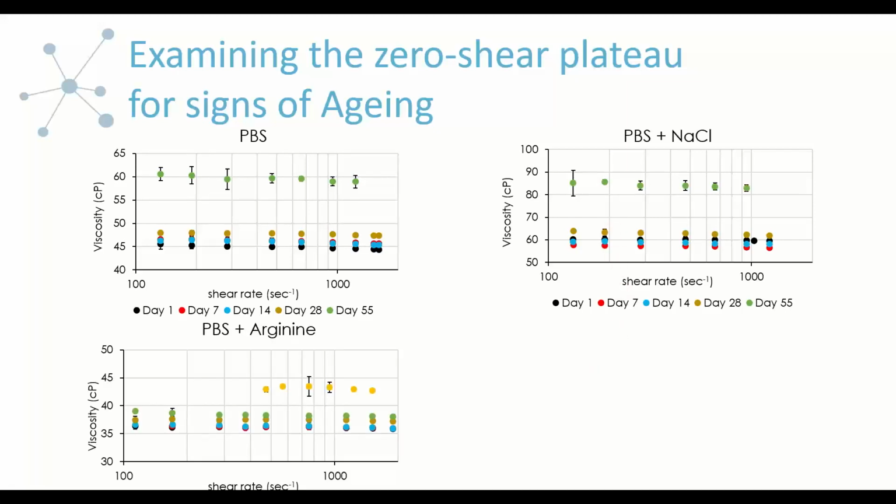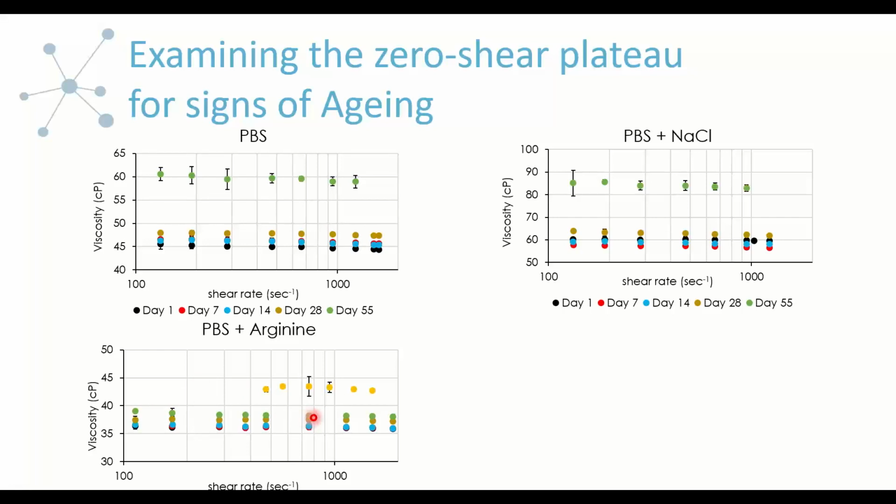And then we looked at our favorite rheological modifier, arginine, in this case, arginine HCl. And what we noticed is not only were we able to measure the viscosity for longer, up to 92 days after formulation, the viscosity also didn't really change all that much.